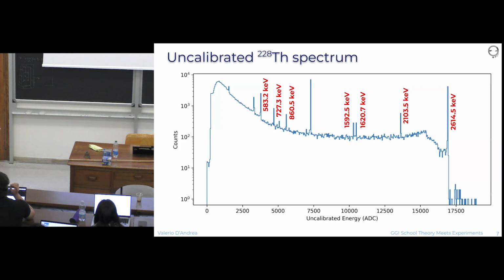We know we inject this pulser at a precise voltage, but we don't know the precise energy at the output of our detector, while we know the energies of the others, because we are able to recognize the shape we expect from these sources. In particular, the last one is clear, and then you can recognize the other peaks.